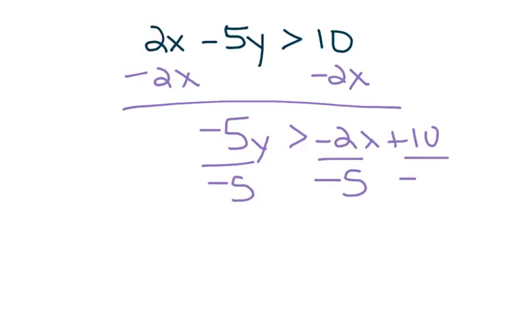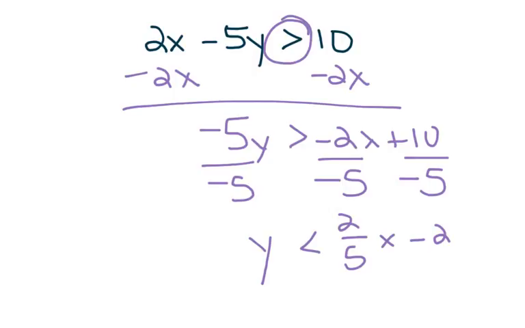And in an inequality, if you have to multiply or divide by a negative, we had to flip the sign. And you only flip it at the end of the problem if you had to multiply or divide by a negative. So notice that in the original problem it says greater, so you might have thought that you could shade above the line, but really when it's in slope-intercept form you find out it's below the line.